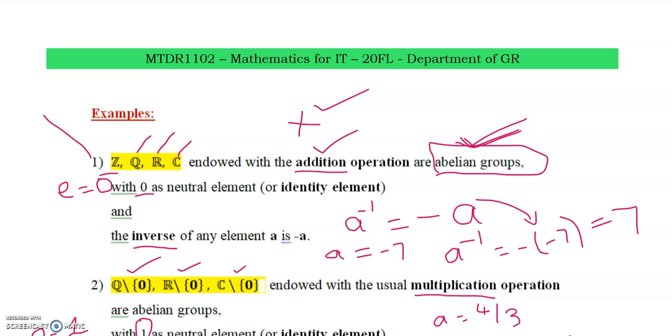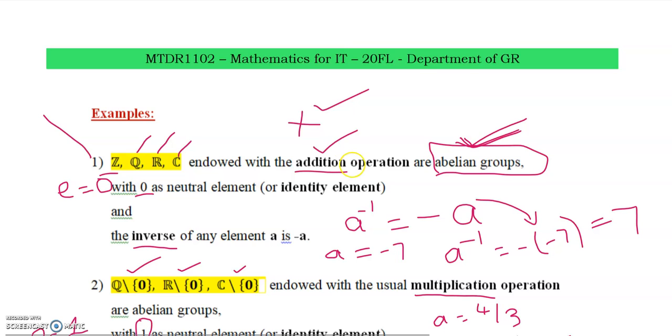Out of these five properties, closed, associative and commutative are simple to prove. It is easy to understand and prove. But especially we have to see how to find the identity element in any group or abelian group, and how to find the inverse of any element in that group.